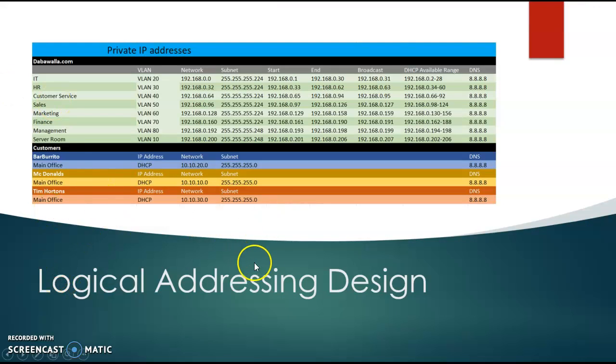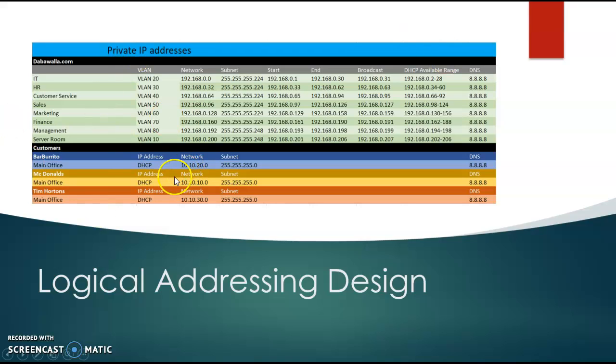Our logical addressing design consists of our main network, which is 192.168.0.0/16. We have chosen this and we have divided it into VLANs. We have subnetted it according to the available hosts that are needed by those departments.